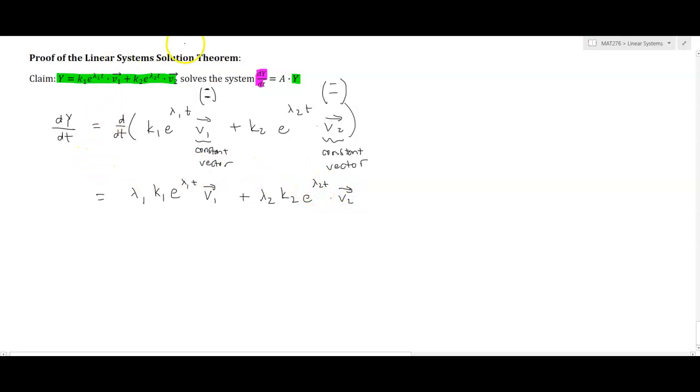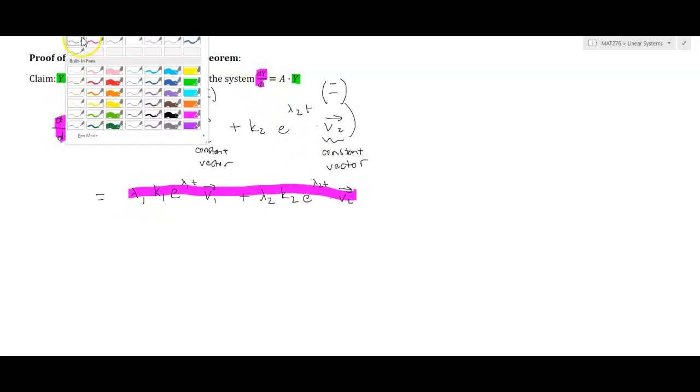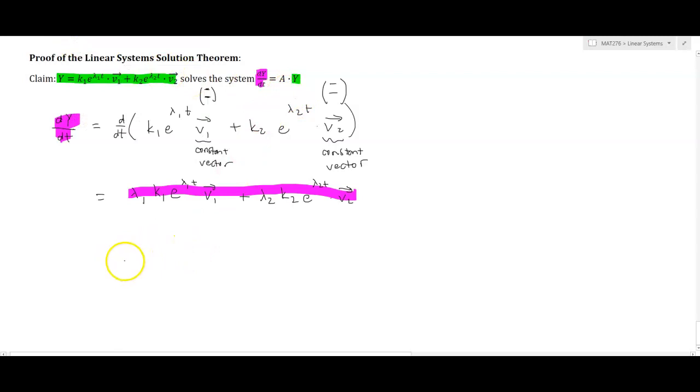And so now what I need to do is substitute dy/dt into the left side and show that these two things are equal to each other. So if dy/dt equals A times y, and this is in fact the solution, then I should be able to plug in dy/dt, which is lambda 1 k1 e to the lambda 1 t v1 plus lambda 2 k2 e to the lambda 2 t v2.